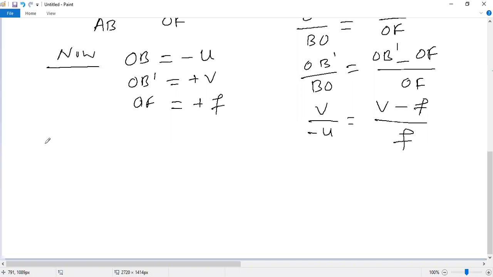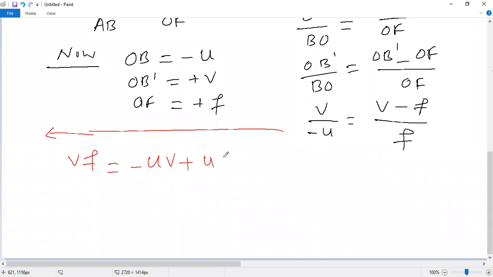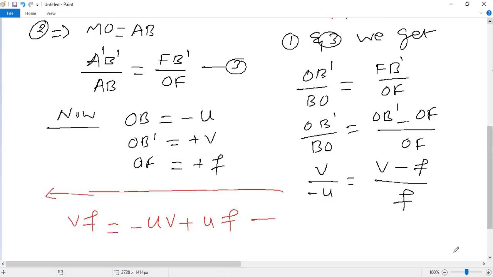Just do the cross multiplication: vf is equal to minus uv, minus into minus plus uf. Okay, this is equation number 4.